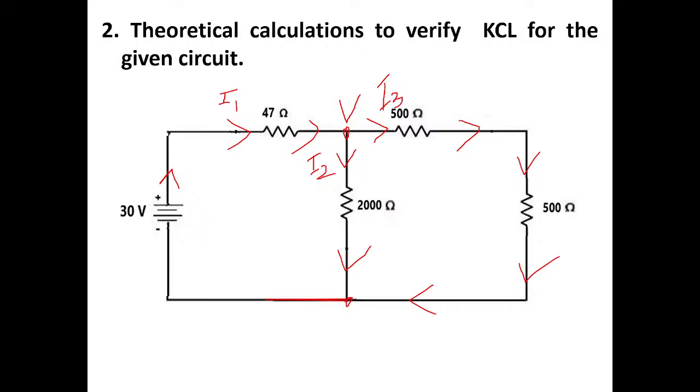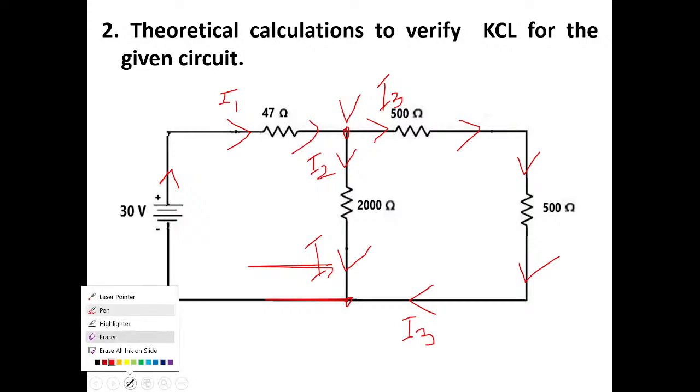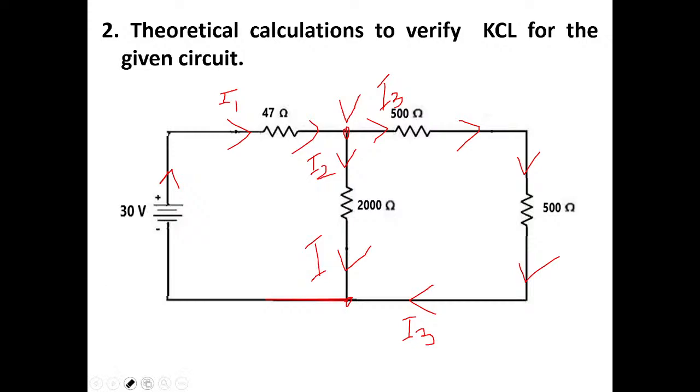So this I3 current is flowing like this. What is happening here? This is I3 current. This is I2 current.